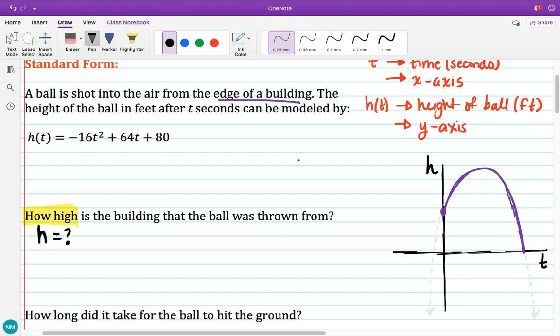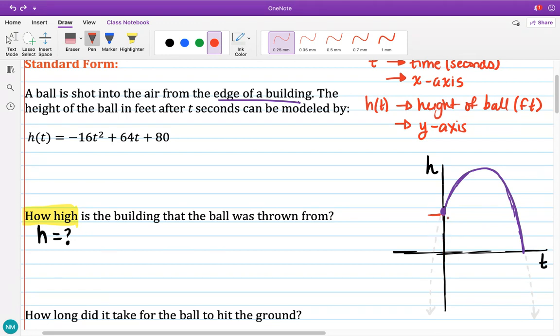How high is the building that the ball was thrown off of? Meaning, where did we begin? How high was this building? Again, in this diagram, we can visualize this is the building that it's being thrown off of, and here's my starting point.